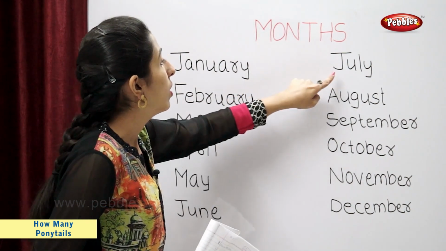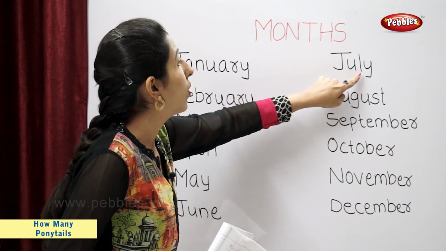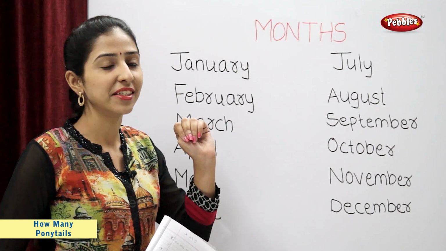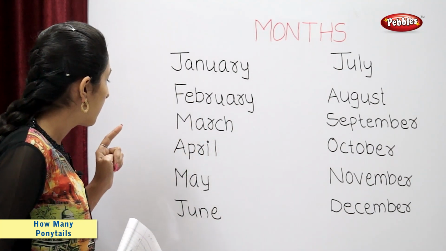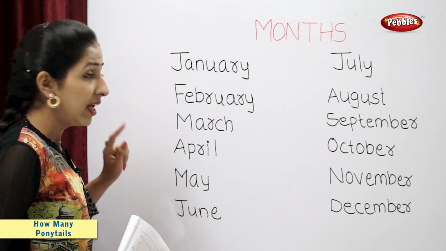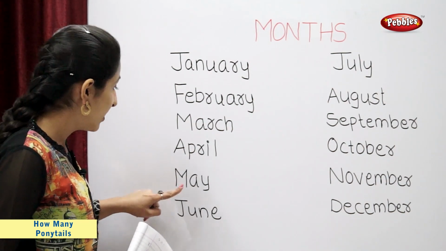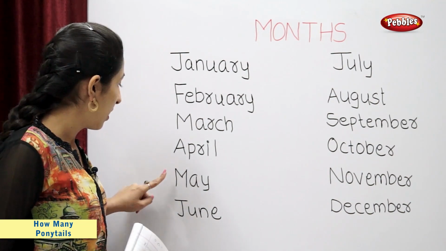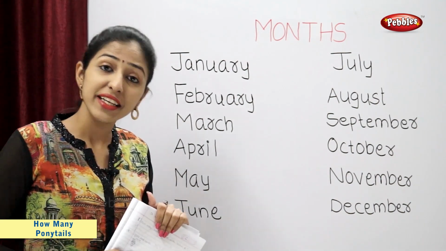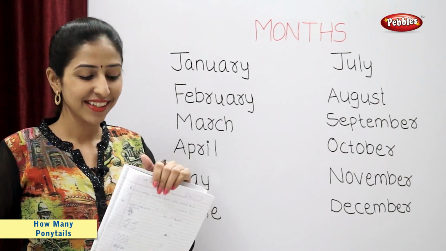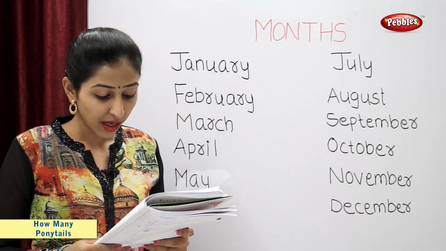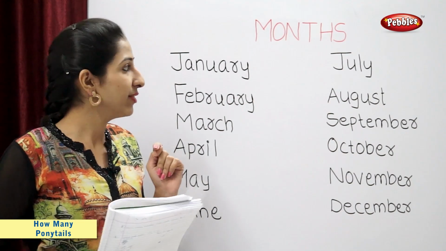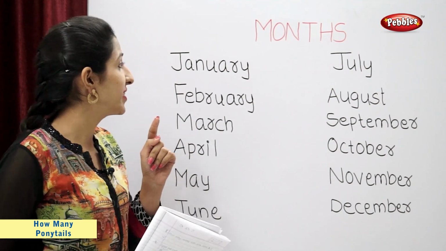Let's count. 1, 2, 3 and 4. So, July has 4 characters. May, let's count. 1, 2 and 3. So, month May has the least number of characters. How many months start with the letter S? Let's find out. Letter S.